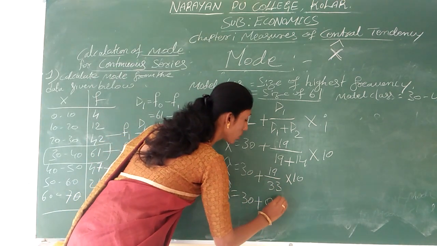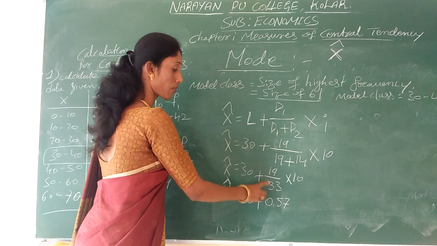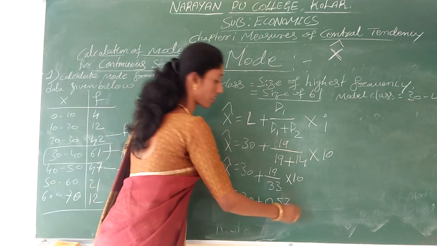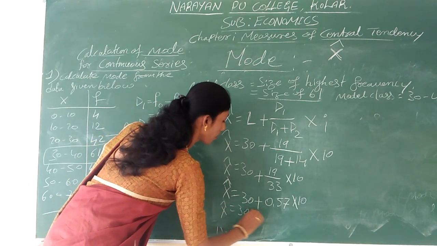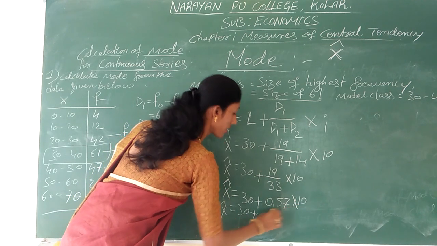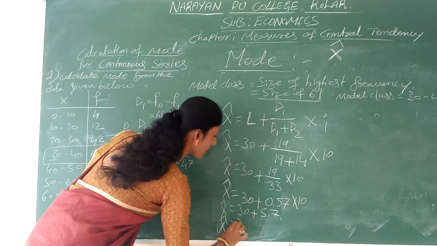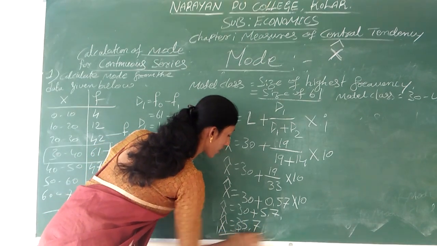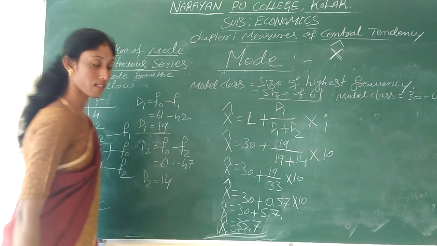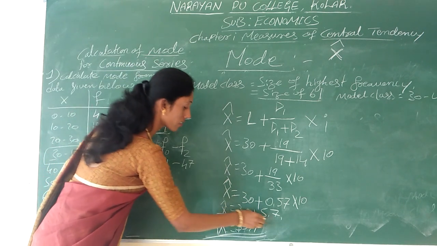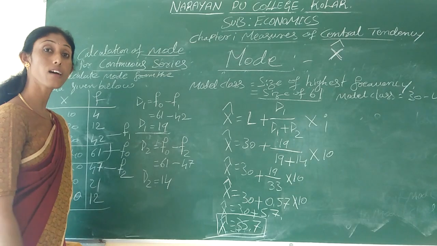If you divide, 19 divided by 33 you will get 0.57, into 10. x hat is equal to 30 plus 0.57 into 10, which is 5.7. By adding this, you will get 35.7 as the answer. The mode is 35.7.